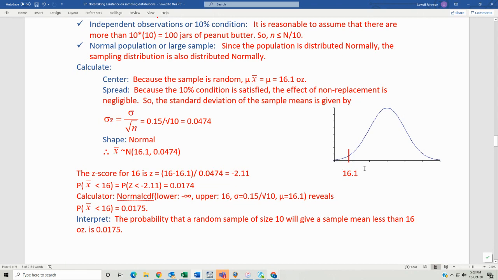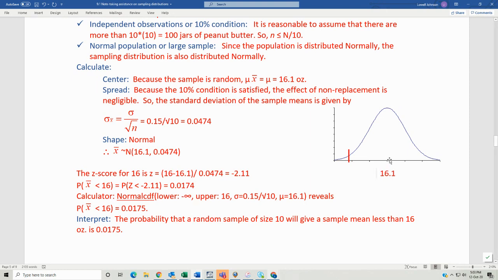Draw my normal distribution. I put 16.1 as my mean.